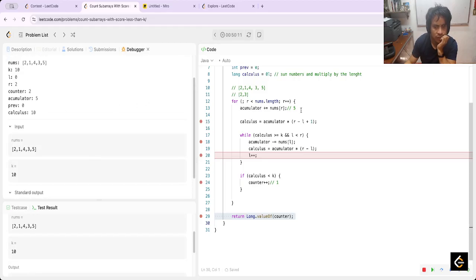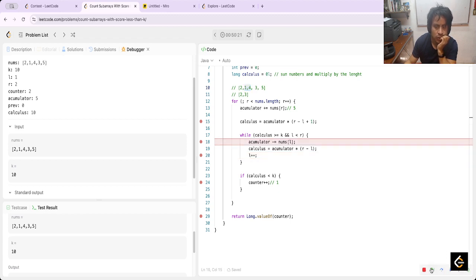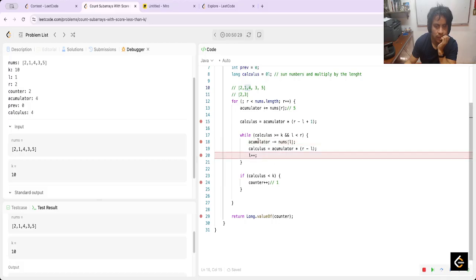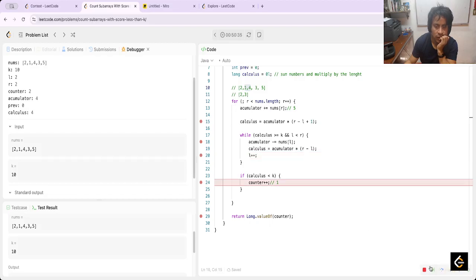Accumulator is 5. Yeah, because it's only this, and L plus plus. Accumulator, that is 5, minor equal this. Accumulator is 4. Calculus is 4, and it's done. It's counted.